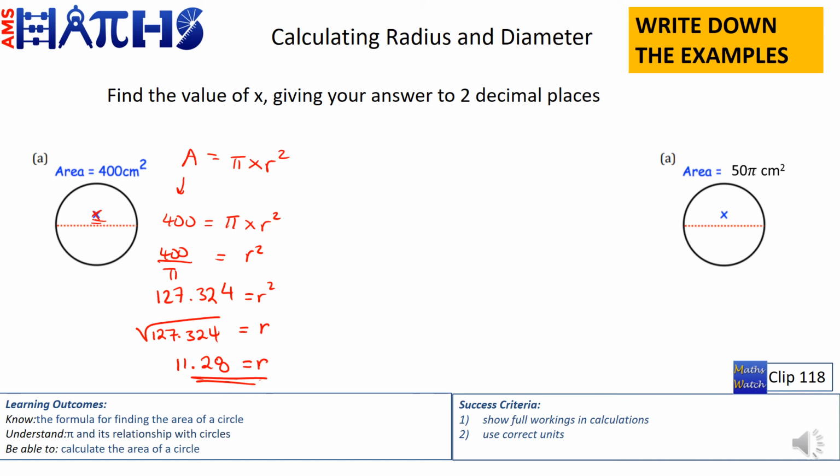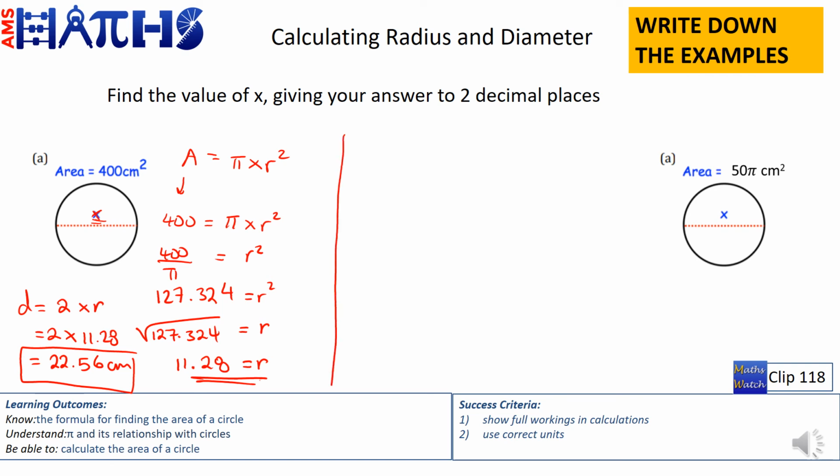The diameter is going to be 2 times the radius. 2 times 11.28 is going to give us 22.56 centimeters. All right, so that is our diameter.